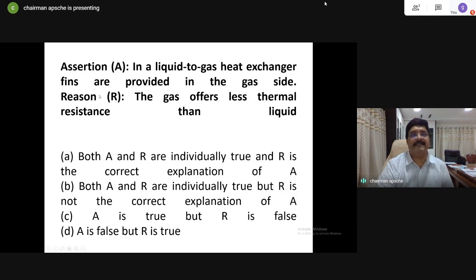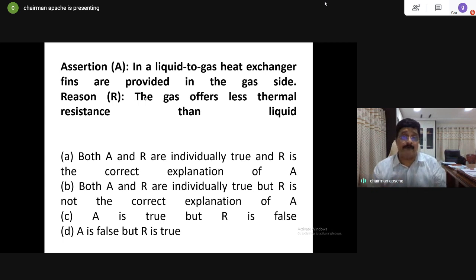In a liquid to gas heat exchanger, fins are provided on the gas side. For example, an automobile radiator. The radiator upper header receives hot water. The water dribbles down the pipes connected vertically in the radiator, and air moves on the outer surface. The number of fins, the parallel fins you see as the matrix in the radiator, are placed there.